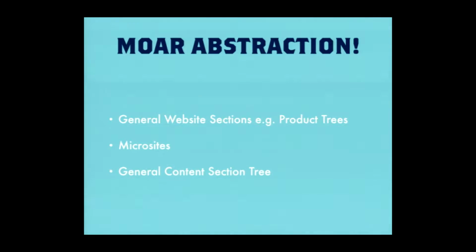You can have how a little microsite would be styled, or a whole general content tree, maybe products, everything like that, and you can have that all listed on your style guide. I'm just giving some of the general theory here. I'm going to dig more into this as we go forward, and once we get to that point, I'm going to talk about a design system that makes this a lot more logical.